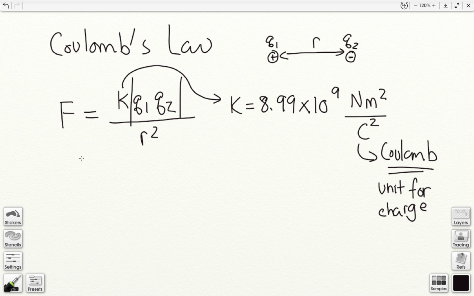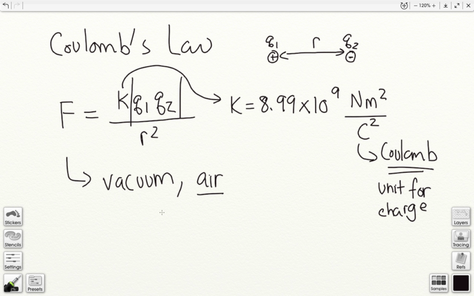This equation is mainly for instances when your particles are in a vacuum, or when there's not any material between the particles. Oftentimes, if you have a situation where the particles are in air, it is okay to use this equation.